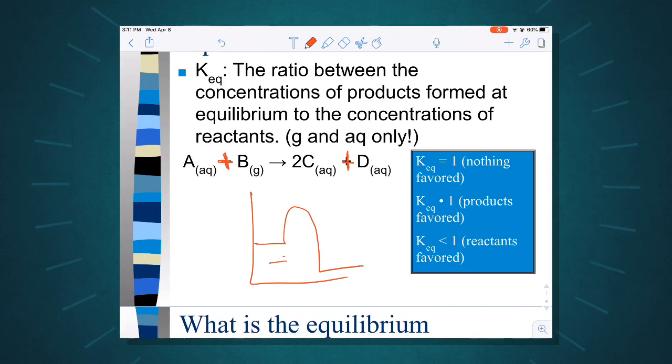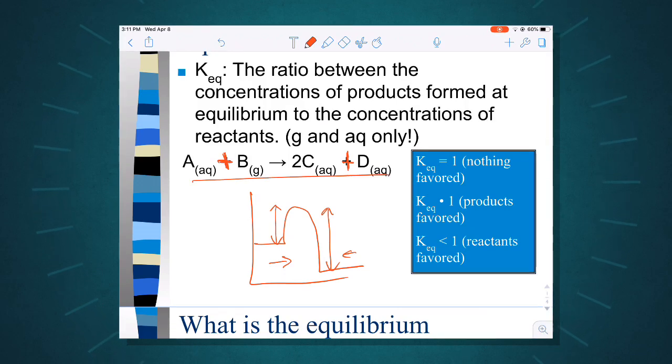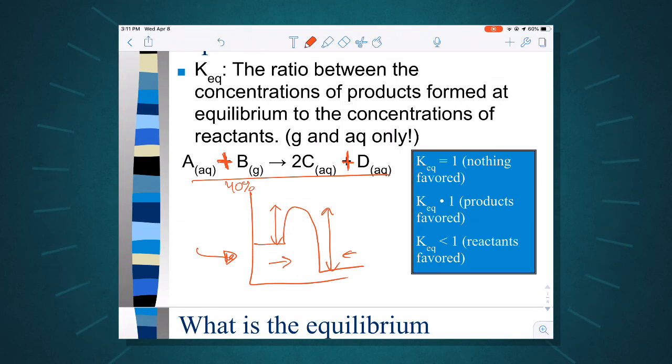So the forward reaction is easier than the reverse reaction because look at these activation energies, right? So in this particular example, if this reaction up above had a potential energy diagram that looked like this, odds are when this thing reached equilibrium, you're probably going to see something like this. 40% of those are left and 60% of those are left, right?